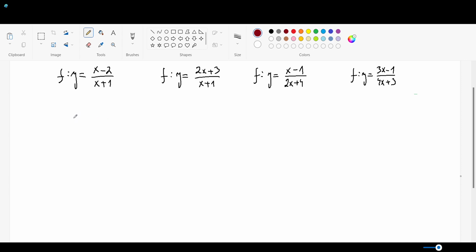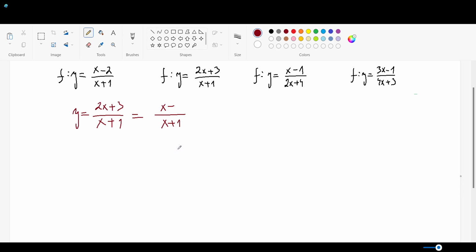The solution would be: our function is 2 times x plus 3 over x plus 1, and again in the denominator we have x plus 1, and we want to modify this expression so that we will get 2x plus 3 in the numerator. What is the easiest way?